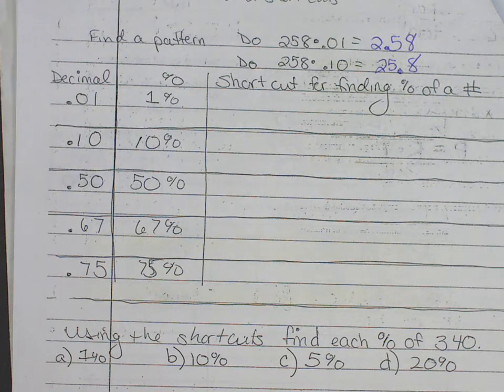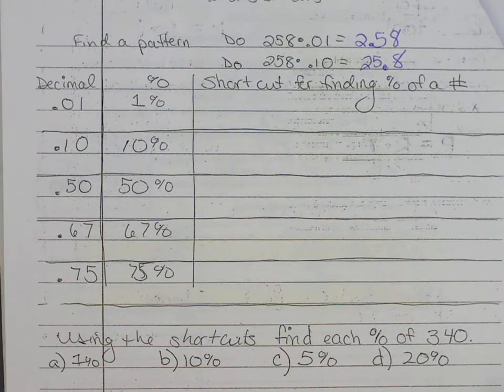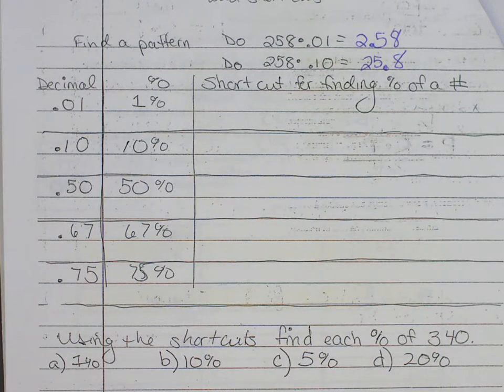Let's learn some quick tips for estimating and finding tip. A lot of times when you go to a restaurant, you're going to tip somewhere between 10 and 20%. And especially now with COVID, I like to tip 20%. Give some love to your waiters, waitresses, food staff.